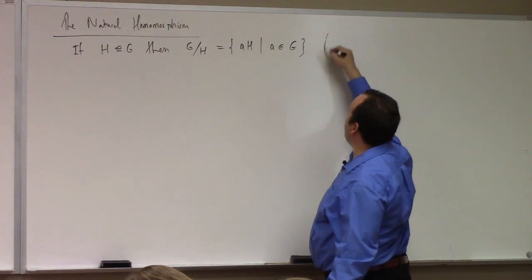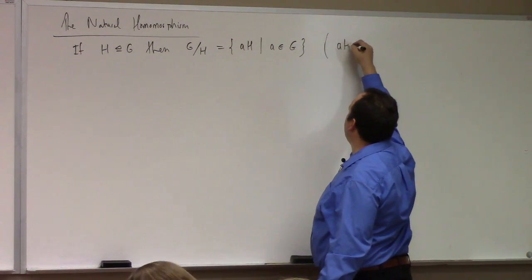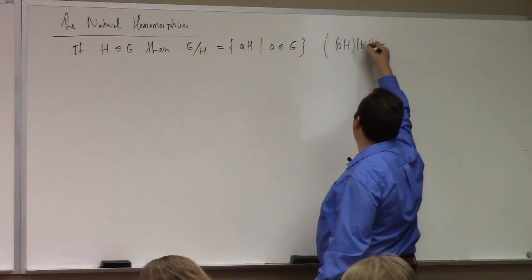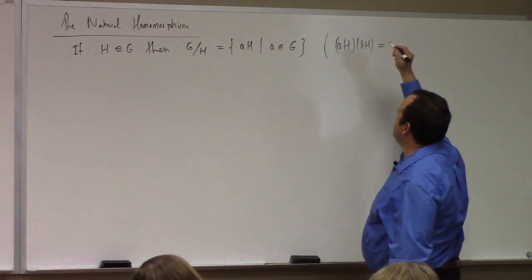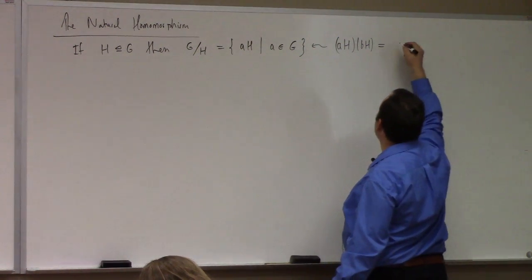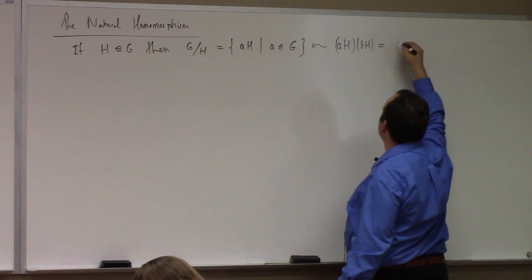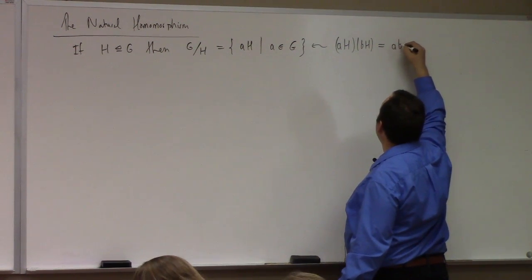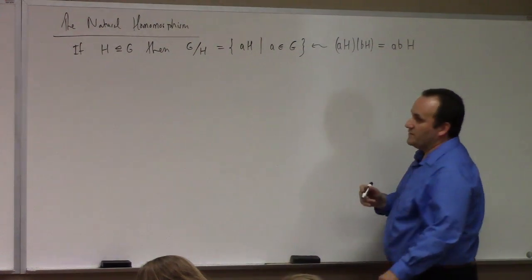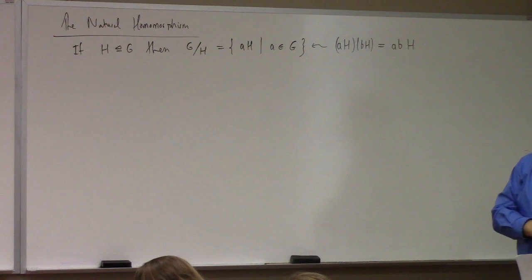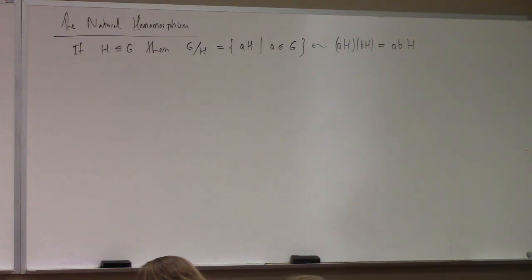Let me remind you. We define aH times bH by multiplying the representatives. We proved this is well defined last time, and that it gives the set of cosets a group structure. This is called the factor group or the quotient group of G by H.